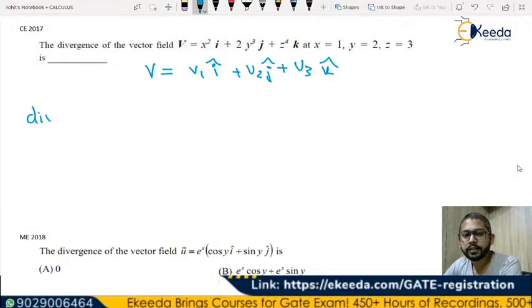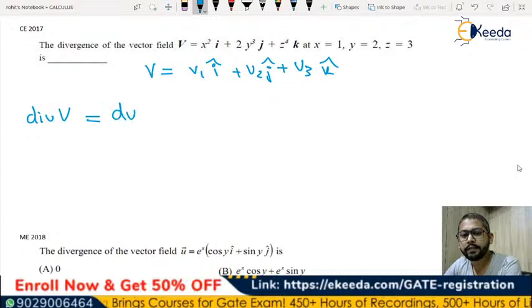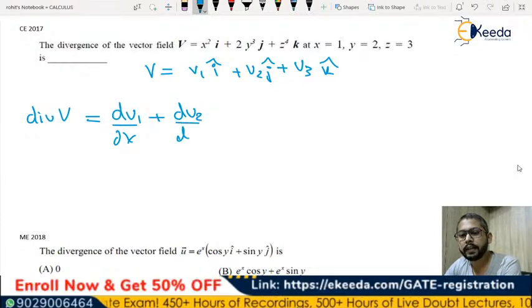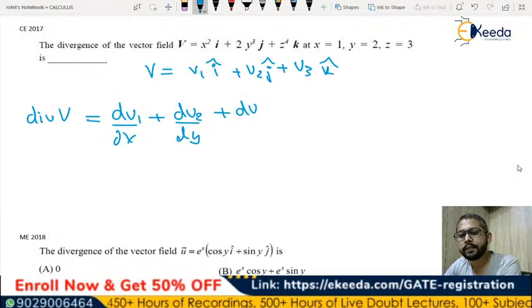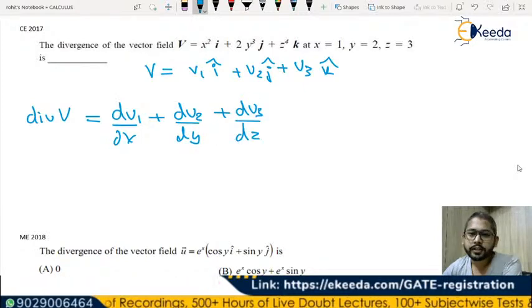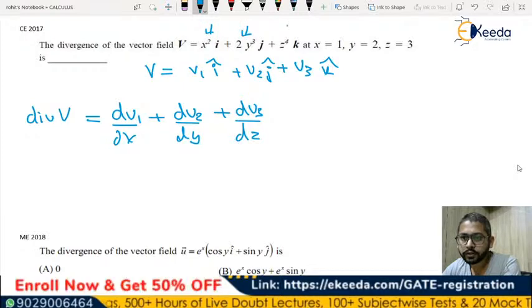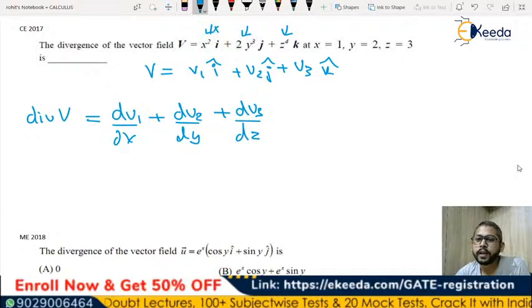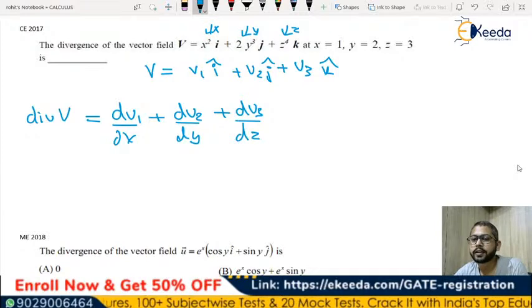Then the divergence of v is given as dv1 by dx plus dv2 by dy plus dv3 by dz. So this is your v1, this is your v2, this is your v3. Clear? The first one you differentiate with respect to x, the second with respect to y, and the third with respect to z.